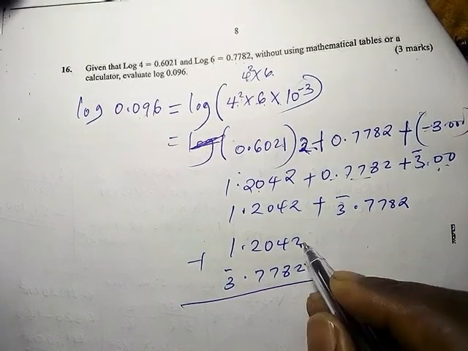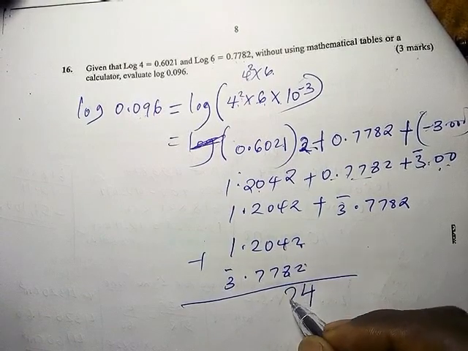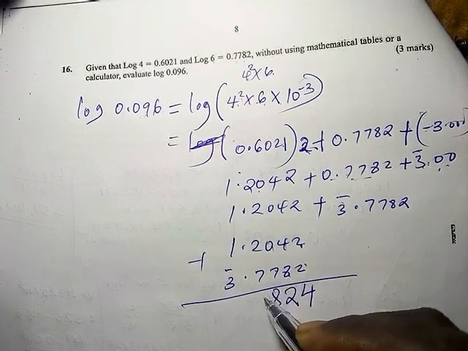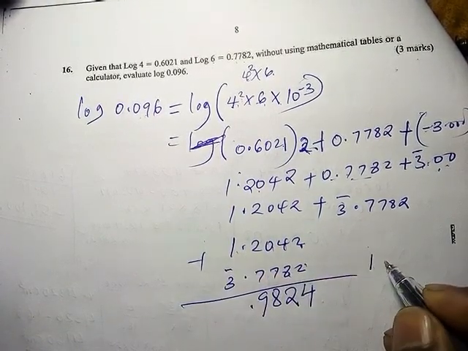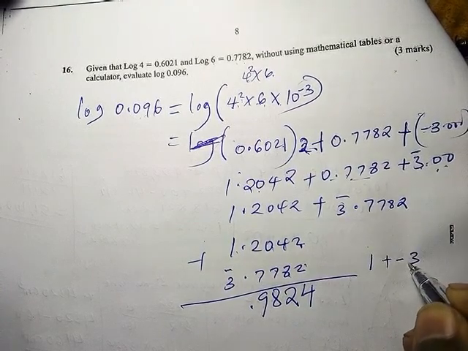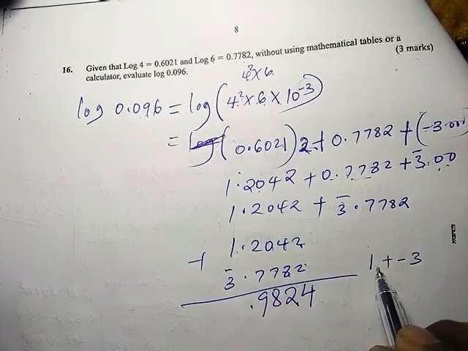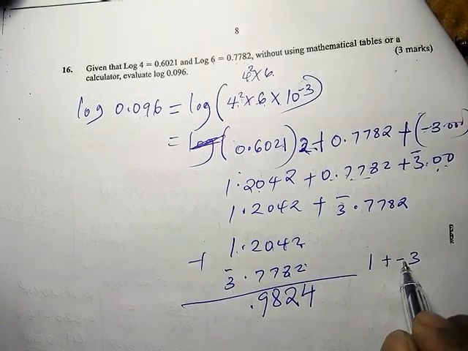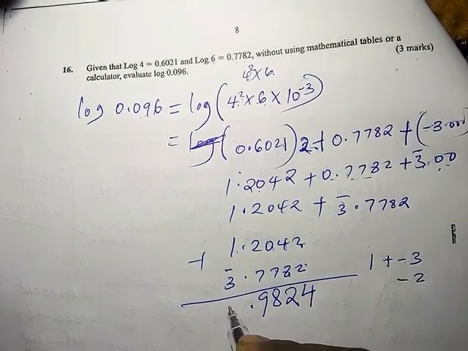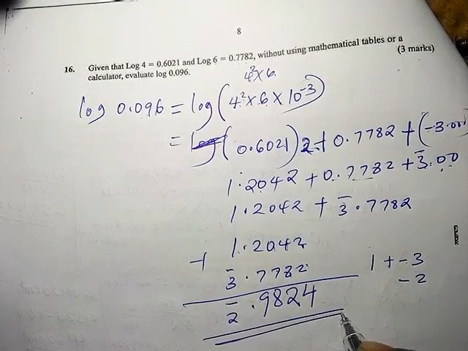This plus this 4. This plus this 12, carry 1, 8, 9. This is 1 plus negative 3, right? 1 plus negative 3. The answer is going to be negative 2. So the answer is going to be bar 2 point 9 8 2 4. And that is the answer.